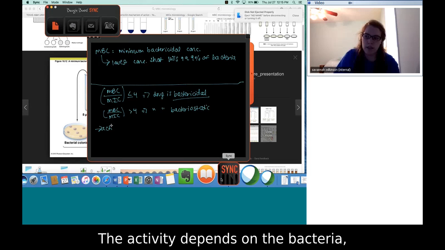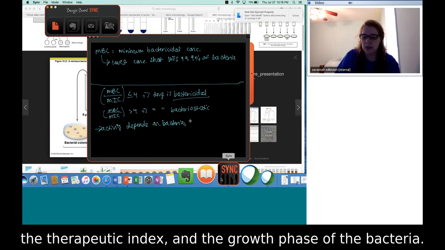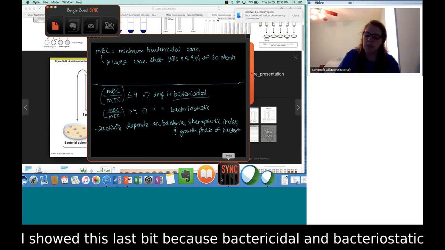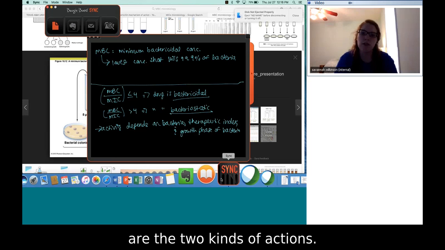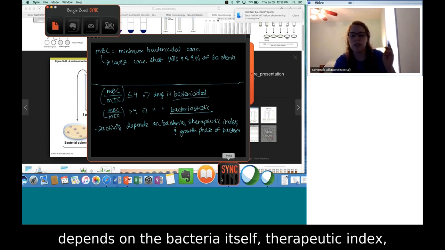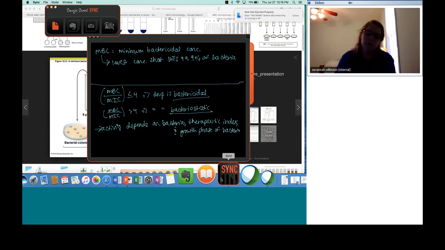The activity depends on the bacteria, the therapeutic index, and the growth phase of the bacteria. I said this last bit because bactericidal and bacteriostatic are the two kinds of actions. So whether it is bactericidal or bacteriostatic depends on the bacteria itself, therapeutic index, and the growth phase of the bacteria.